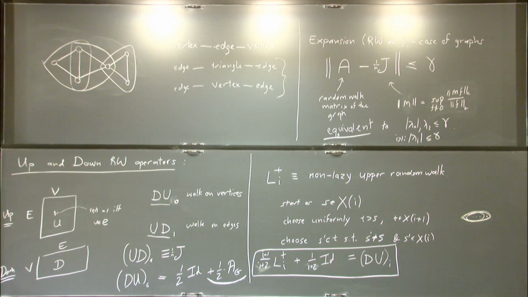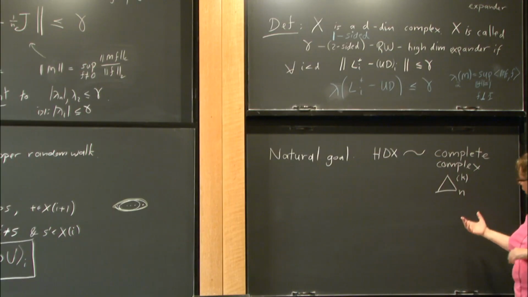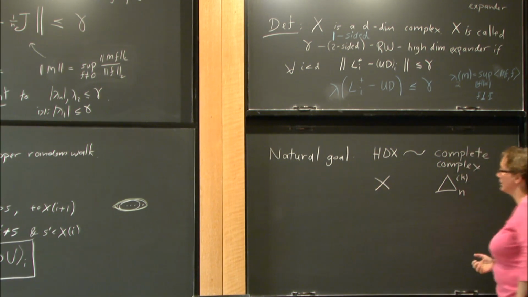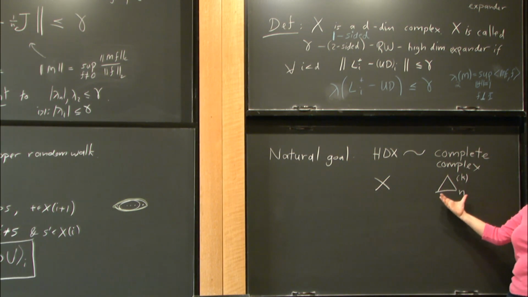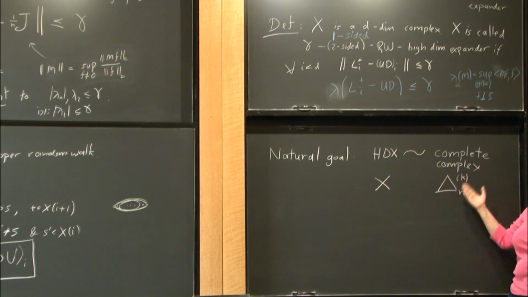But when you move one level above, you're talking about random walks from edge to edge in two different settings, in the setting of this delta and in the setting of your complex X. How many edges does delta have? It has n choose 2 edges, so the matrix describing this random walk is n choose 2 by n choose 2.